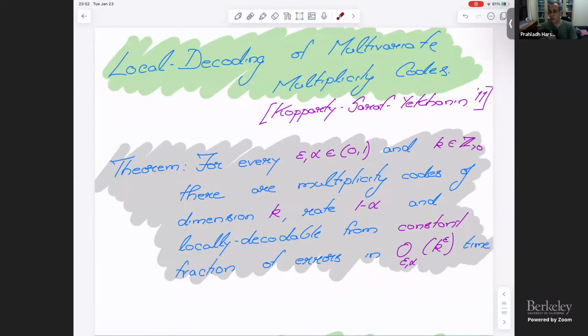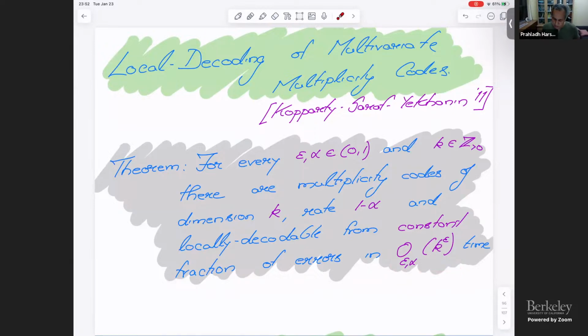They showed that for every epsilon and alpha, where epsilon is how sublinear you want to be and alpha is how close you want the rate to be to 1, and any dimension k, there are multiplicity codes of dimension k, rate 1 minus alpha, and locally decodable from a constant fraction of errors in sublinear time.